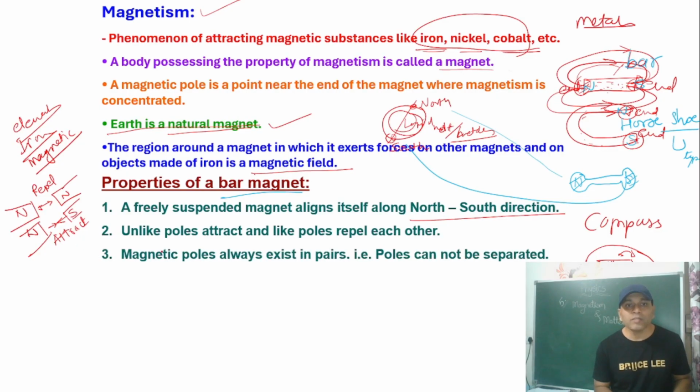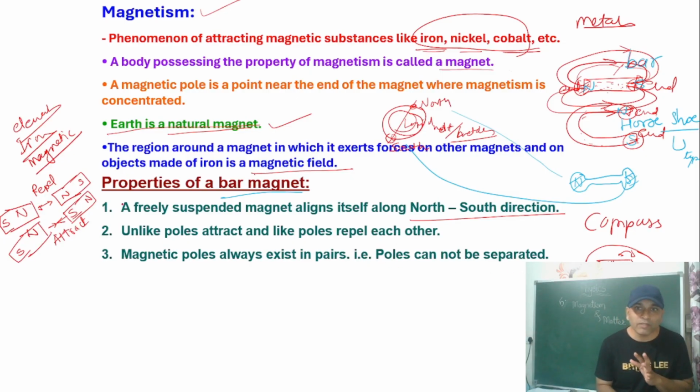The next point is that magnetic poles always exist in pairs. Obviously, every magnet has two ends, and those ends show opposite directions. If this end is north, the other end will be south. So every magnet has two opposite poles, north and south. They can't be separated.